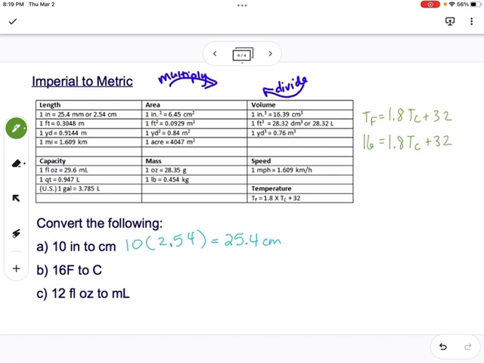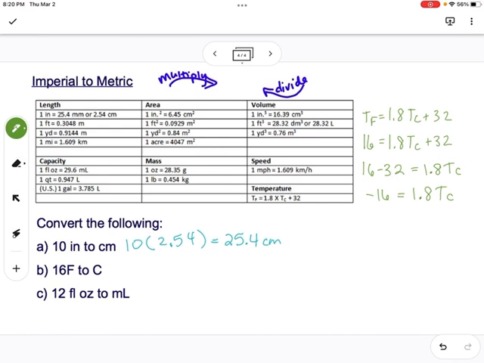To rearrange our equation, we need to use SAMDEB. We're going to be moving the adding or subtracting first. There is the adding of 32. If we bring that to the other side, it's going to be subtract. So 16 minus 32 equals 1.8 times temperature in Celsius. So 16 minus 32 gives us negative 16, and that's equal to 1.8 times temperature in Celsius.